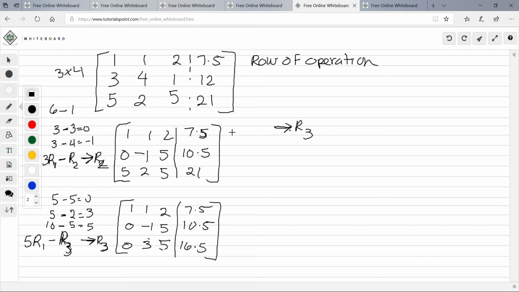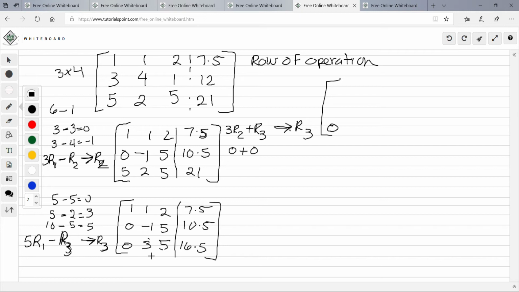We can multiply 3 times row 2 plus row 3, and this will give us our new row 3. So it'd be 3 times row 2, so here's 0, times 3, which is 0, plus row 3, which is 3, plus, 3 times row 2, which is 0, plus row 3, so that's still 0, plus 0, so that is going to give us a column of 0.